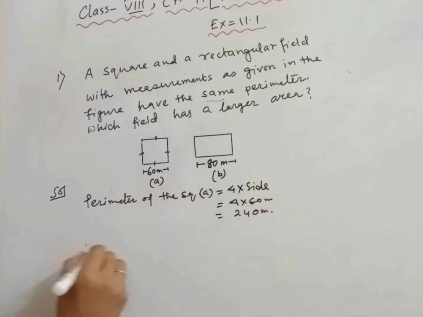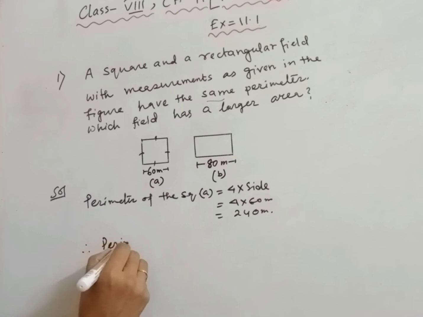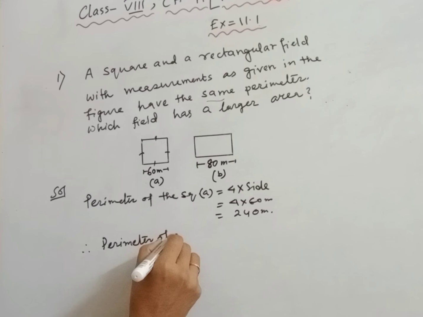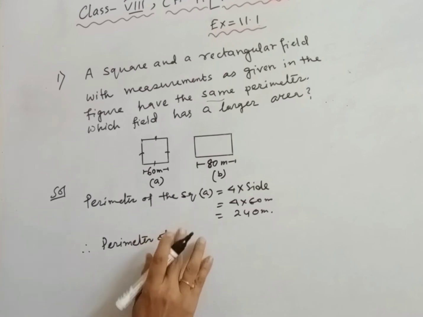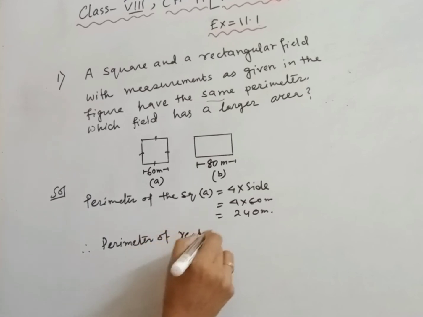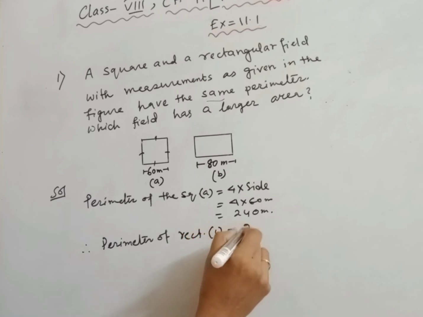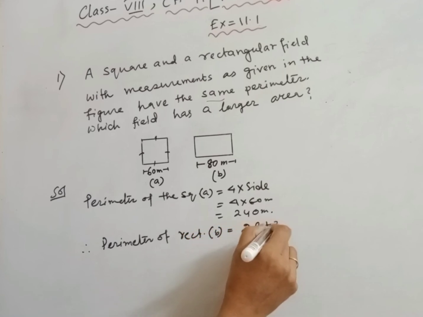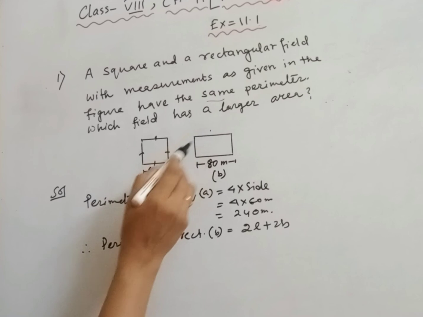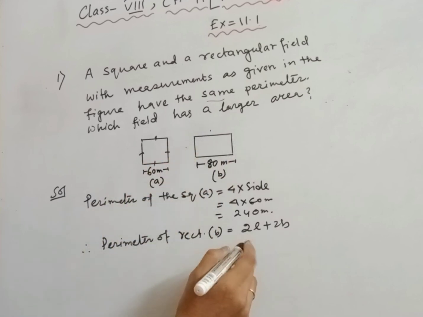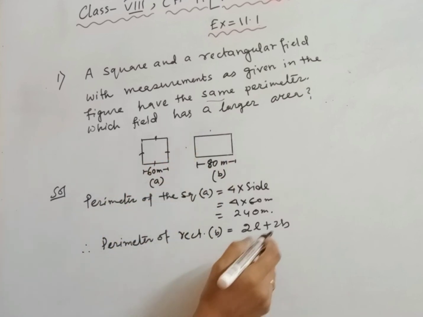And therefore perimeter of the rectangle in figure B is 2 into L plus 2 into B, 2 times L and 2 times B. I have written in this way because we need to find breadth now.